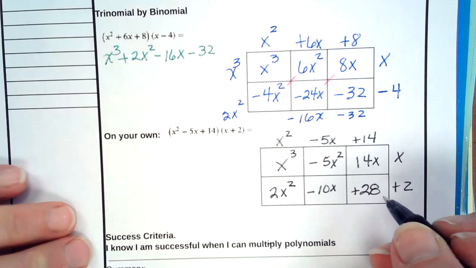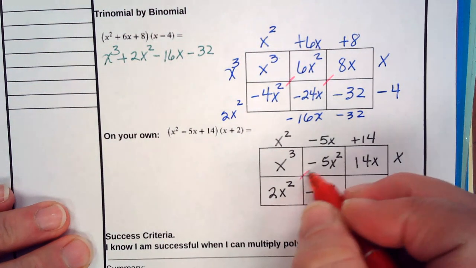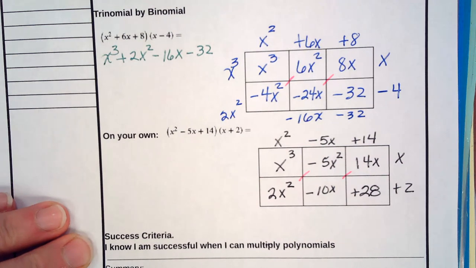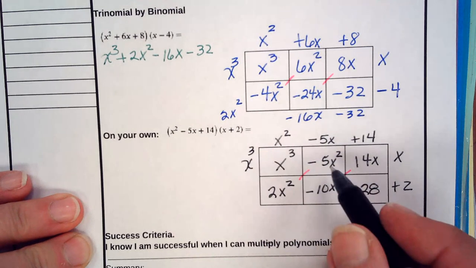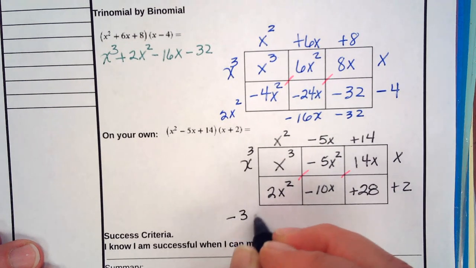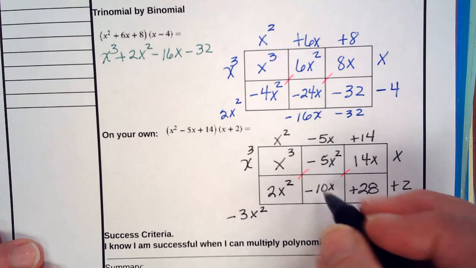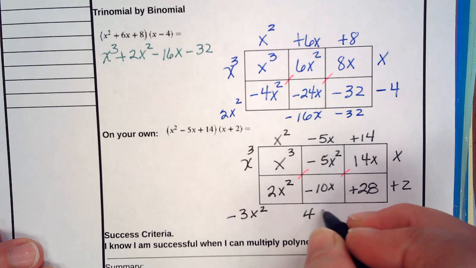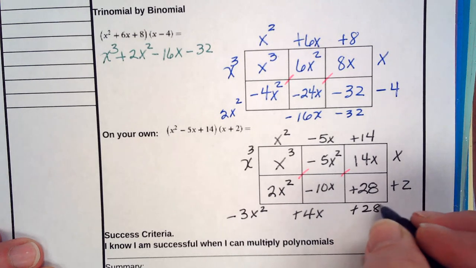Once again, we've got 2 diagonals to combine. X to the third comes out, nothing to combine it with. Negative 5x squared plus 2x squared is negative 3x squared. 14x minus 10x is 4x. 28 comes down.